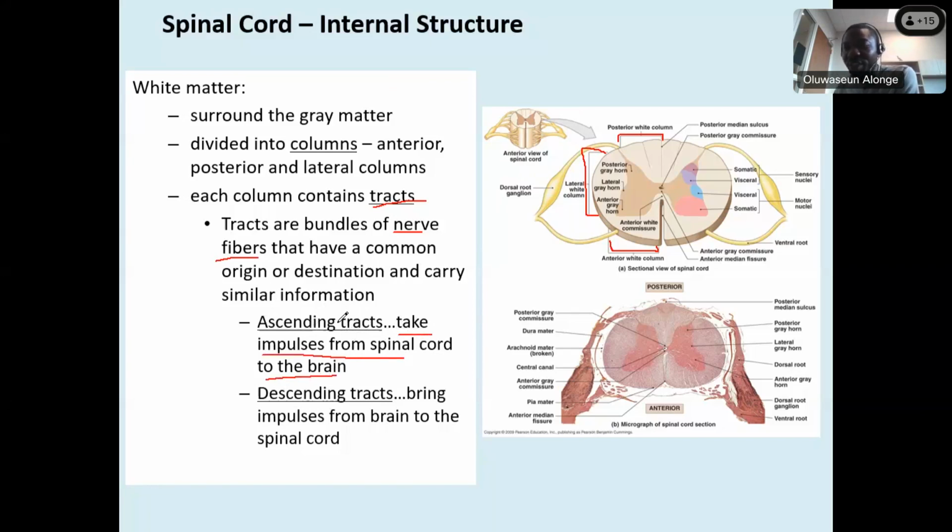When information gets to the spinal cord, the portion that takes it to the brain is what we call the ascending tract, and the portion that takes it from the brain to the spinal cord is the descending tract. The way I think about it is the ascending tract is ascending because it's taking information from the spinal cord up to the brain. Then descending is bringing information from the brain to the spinal cord, so it's descending.